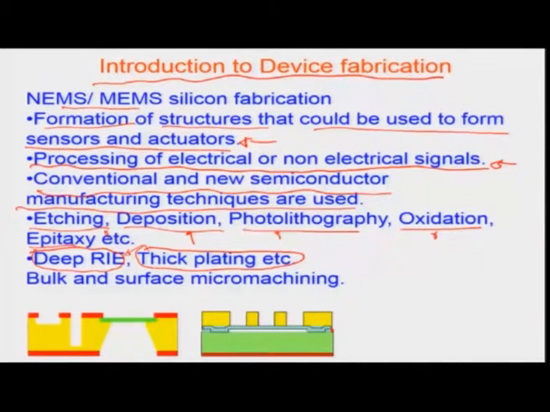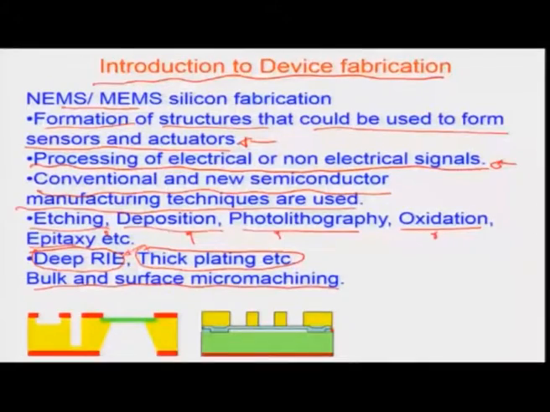So, when we talk about developing a miniaturized superstructure for MEMS, we mean developing structures which can be either bulk micro machined or surface micro machined, and there is a fundamental understanding of what a bulk micromachining activity is or what a surface micromachining activity is. For example, if we look at the schematic here to the left, we see that this is a silicon wafer, okay, which is the thickness of the silicon wafer.